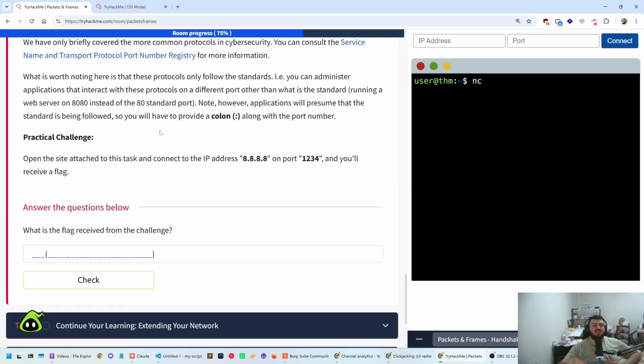Ports are essentially like every device, like your one computer, it can have multiple connections going at the same time. And the way to do that, and the way to know which application requested which data. So for example, you have Google Chrome requesting Google, but then you have Firefox requesting something else.